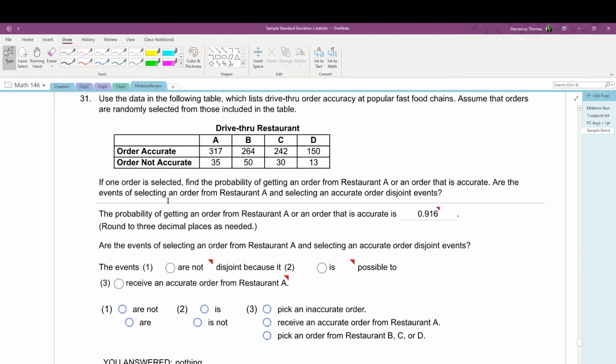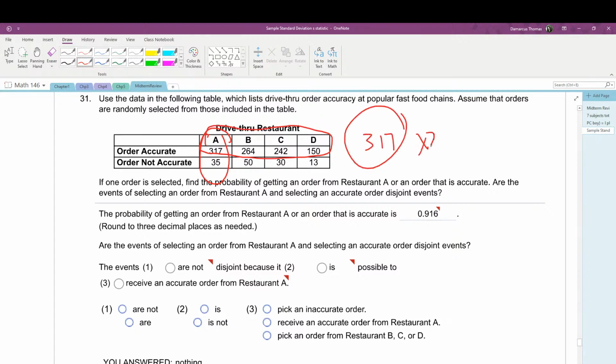All right. Find the probability of getting an order for restaurant A or an order that is accurate. Well, I could say restaurant A is here, or an order that is accurate is here. $317 is counted twice.